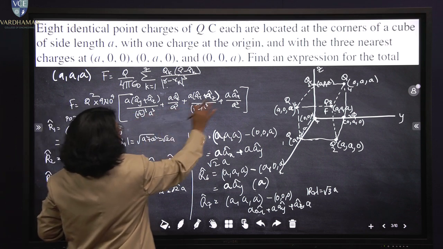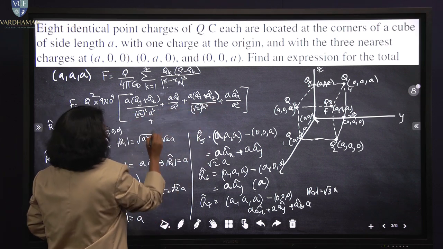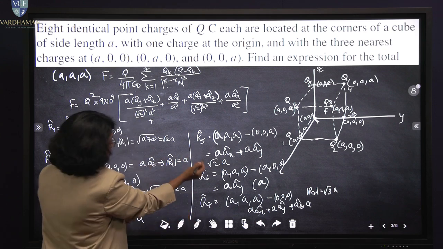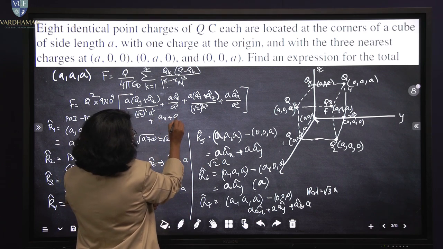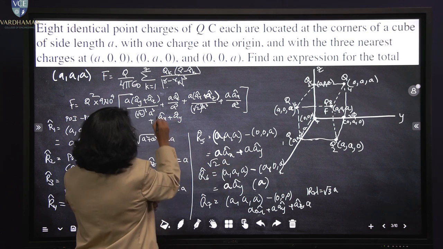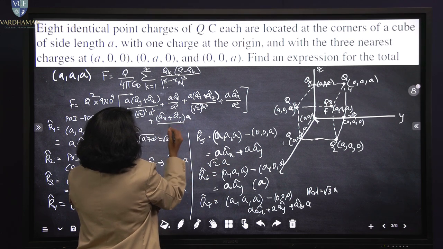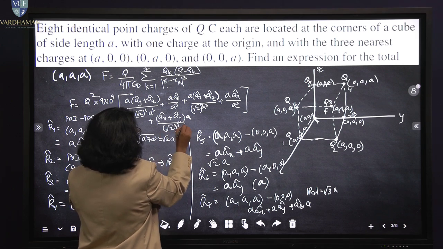Then there are 4 vectors I have fitted in. You can solve the rest, okay? You can substitute the rest, it is becoming clumsy, please don't mind. It is a times of ax and ay divided by under root 2 whole cube a cube.